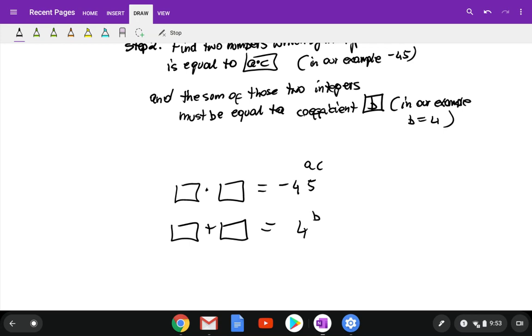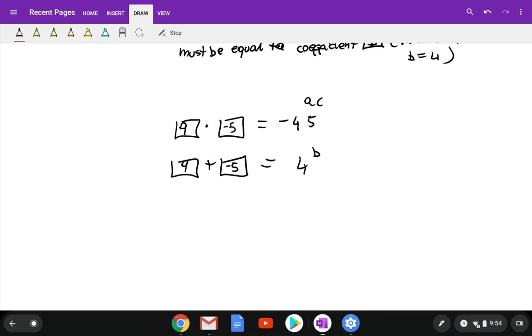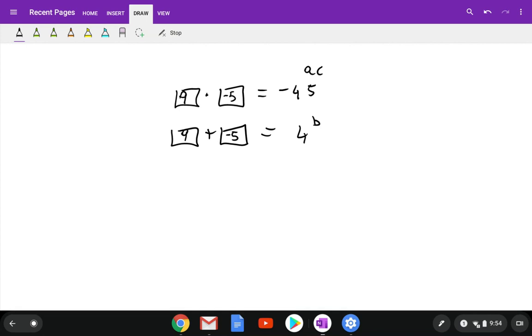This is like playing a game a little bit. You have to check two numbers which by multiplication give you negative 45. You're going to have 9 and negative 5. One has to be negative. And 9 plus negative 5 is definitely equal to 4. So those two conditions have to apply, with the same integers. Now when you find that, you can move on to step 3.